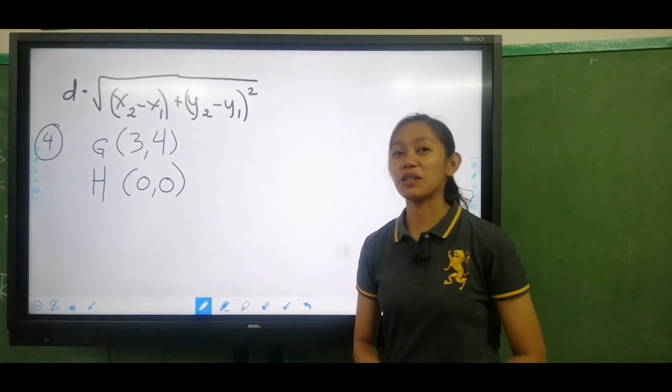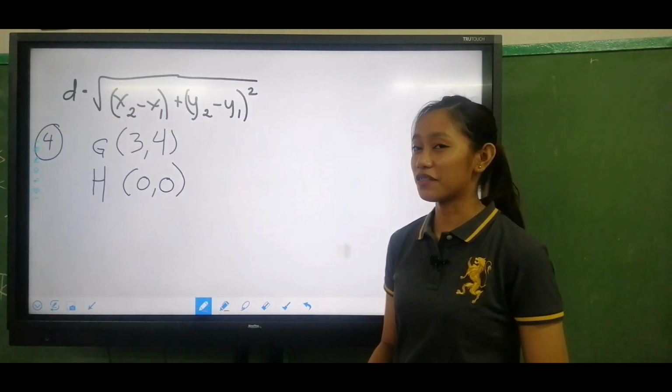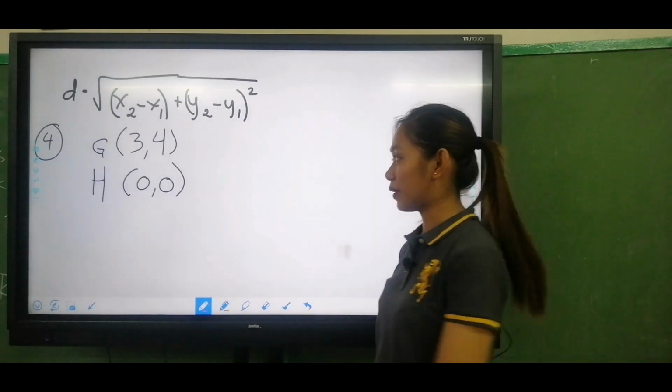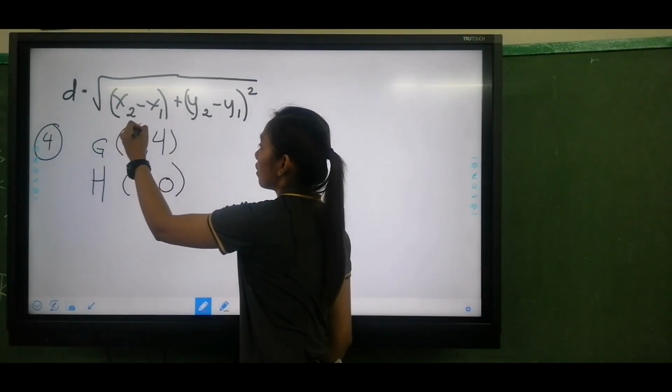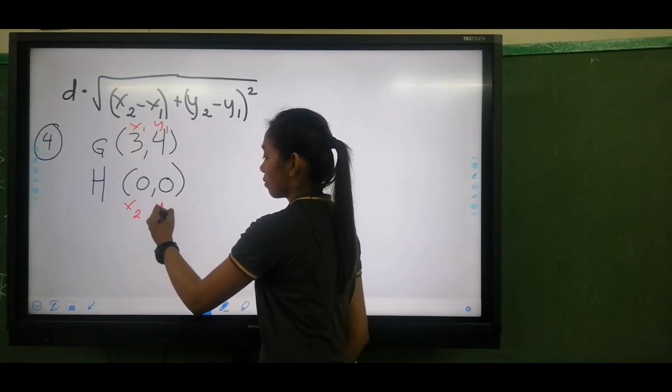Next, let's have example number 4, the last example. Find the distance between point G and point H. So point G is our first point, H is our second point. So again, this will be x sub 1, y sub 1, x sub 2, y sub 2.